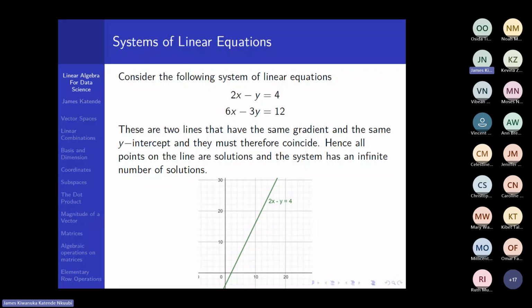In this case, if you multiply this first equation by 3, you will get this second equation. That operation does not change the solutions of the first system. It just gives you a new equation which has exactly the same solutions as the first one. So in this case, they are essentially the same equation. If you try to draw this line, these two will coincide. Geometrically, they will be the same line.